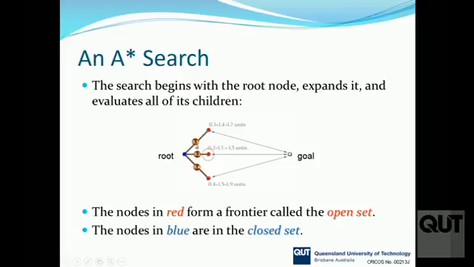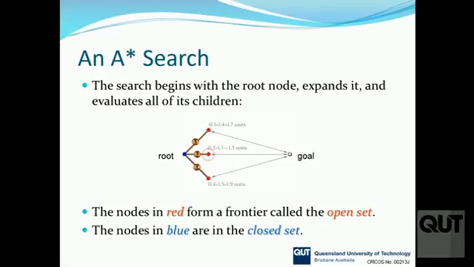We take 0.3, which is our g n, the cost to the current node, plus 1.4, which gives us 1.7 for that one. Again, this edge is 0.2, and the straight line is 1.3, so we get 1.5 for that one, and so on. So each of these get evaluated with a value from the heuristic function.